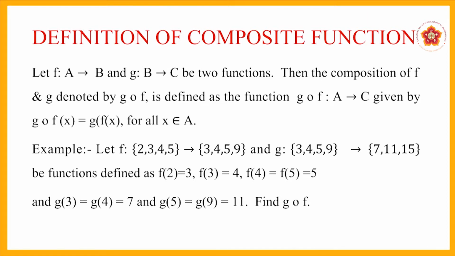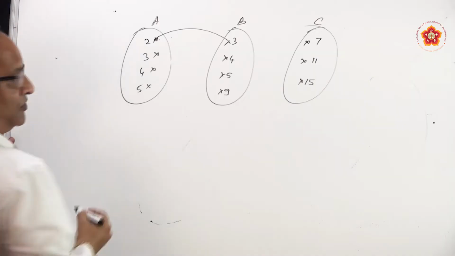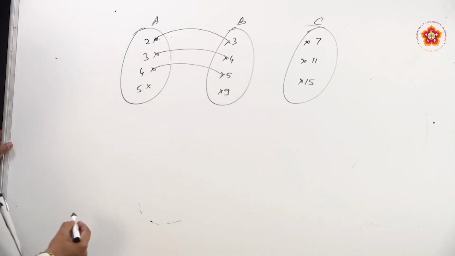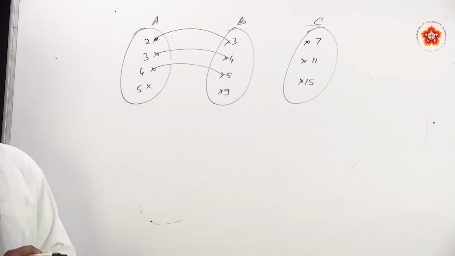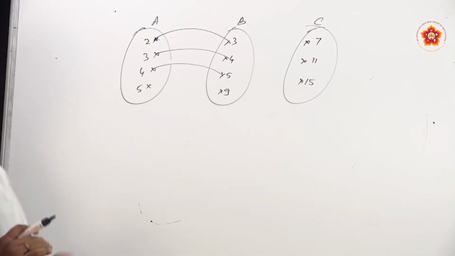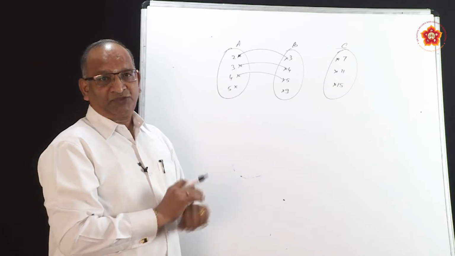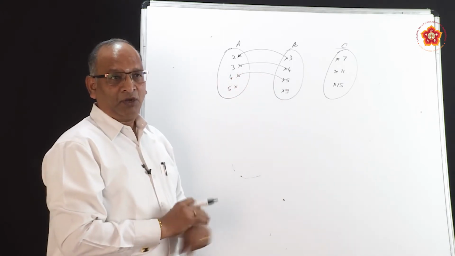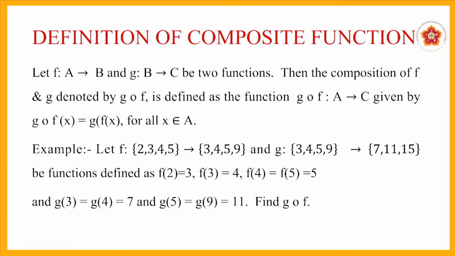F is a function from the first set to the second set. How is it? 2 has image on 3, 3 has image on 4, 4 has image on 5, and 5 also has image on 5.